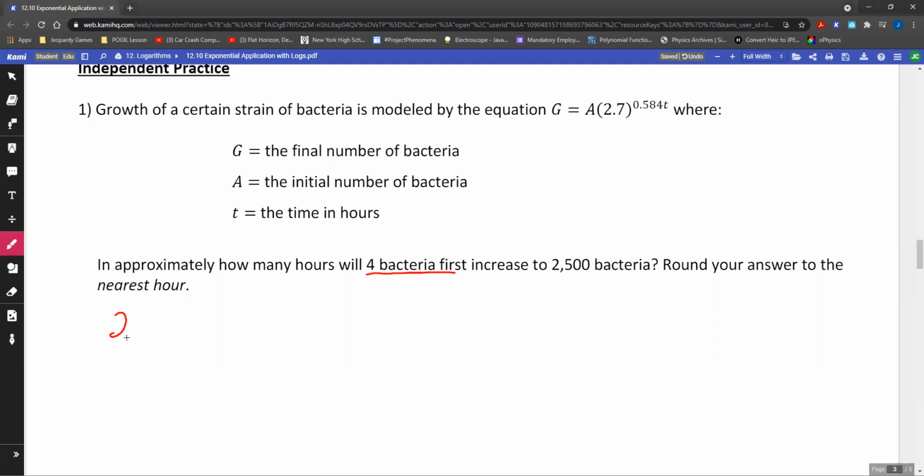So G is our final bacteria, which is 2,500. A is our initial, which is 4. So divide both sides by 4.